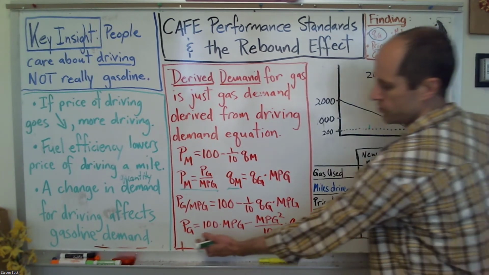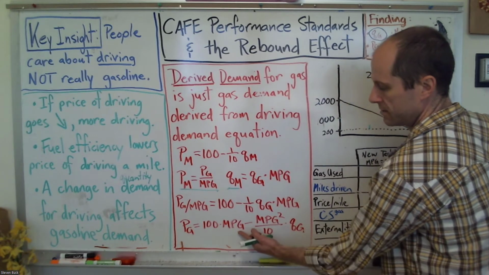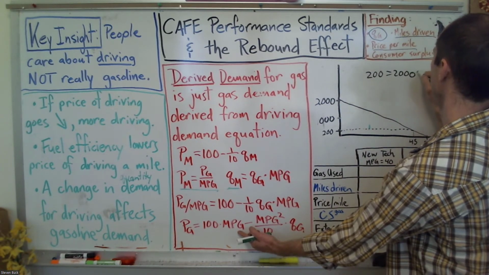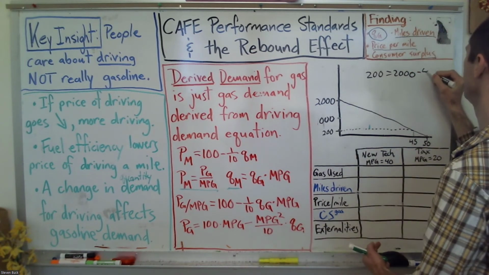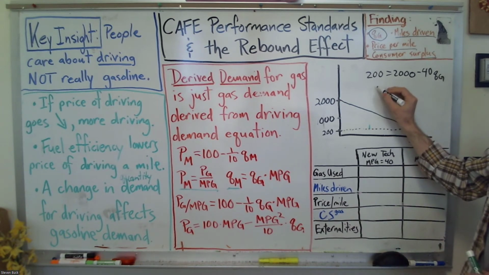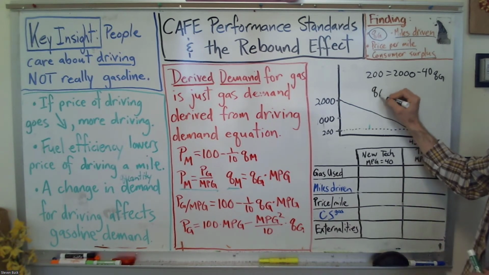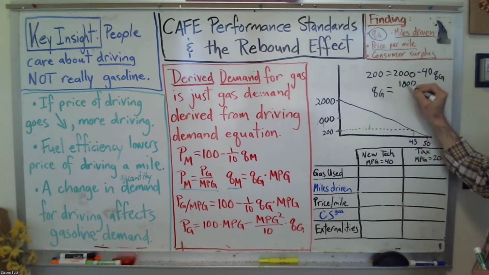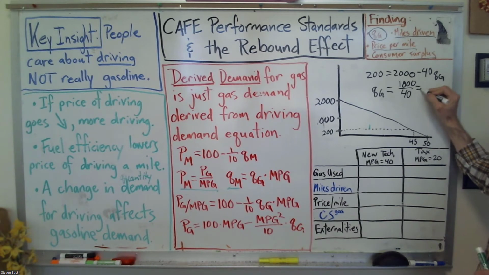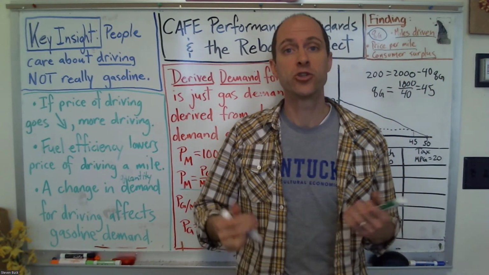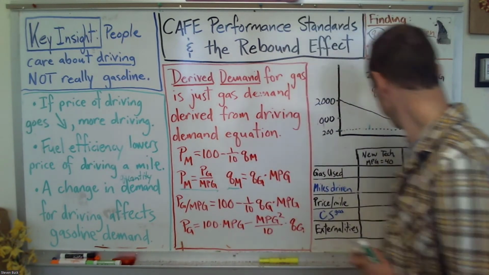Price of 200, this is 2,000 minus 40 QG, and then solving for QG, we're going to get QG is equal to 1,800 divided by 40, which is our 45. So the quantity demanded at a price of 200 cents per gallon is going to be 45 gallons.